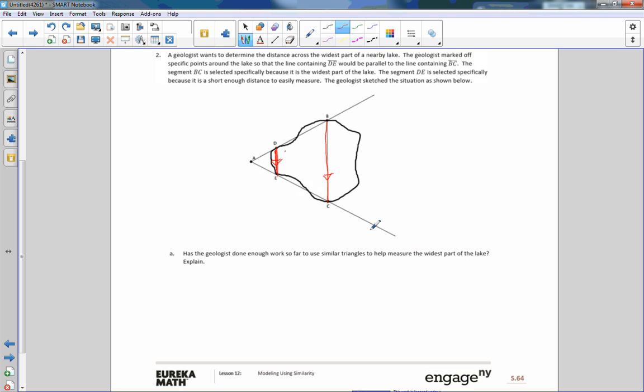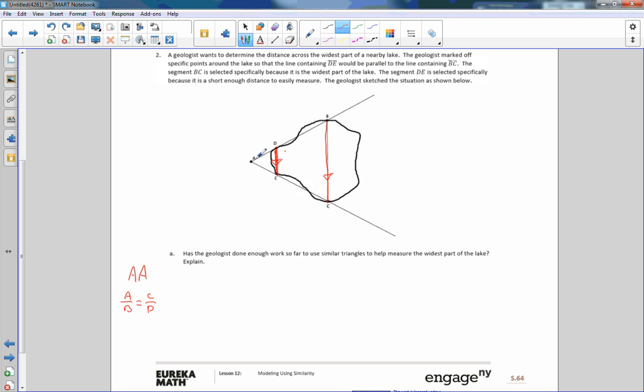Okay, so keep in mind, we either need 2 angles, which is angle, angle, or we need proportionality. Some side of a big triangle over little equal to some other side of the big triangle over the little. So these are the 2 things we need: angle, angle, or proportionality.